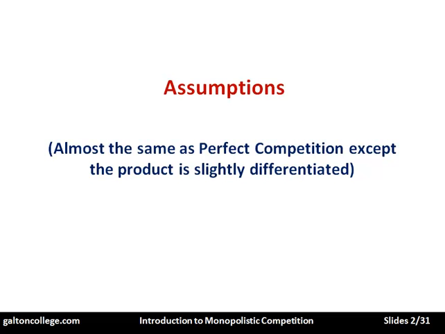For example, differences created in the minds of the consumer due to, let's say, repetitive advertising attempting to establish a brand name and differentiate the product in the mind of the consumer. The product is in fact the same as the other products, but the consumers are led to believe that somehow it's more desirable. And that would be psychological or psychic differentiation. So there are two types of differentiation we can imagine: physical and psychological.